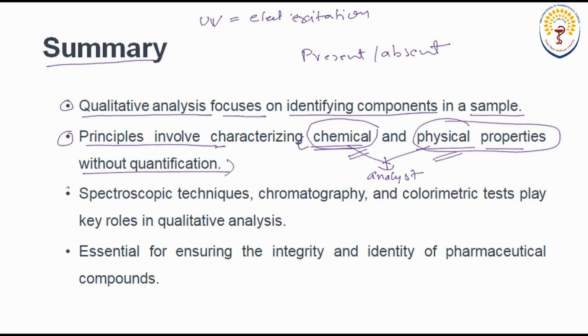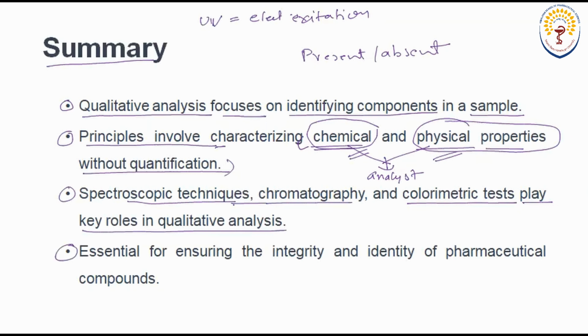Now, the spectroscopic techniques. There are spectroscopic techniques, chromatographic techniques, and colorimetric tests. They are very, very important and play key roles in qualitative analysis. These techniques are extremely important, and we frequently use them in modern days to identify a substance.